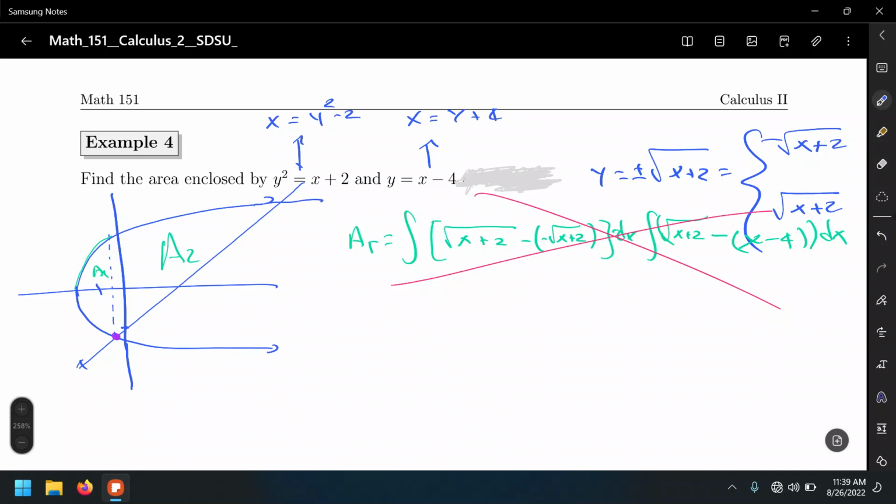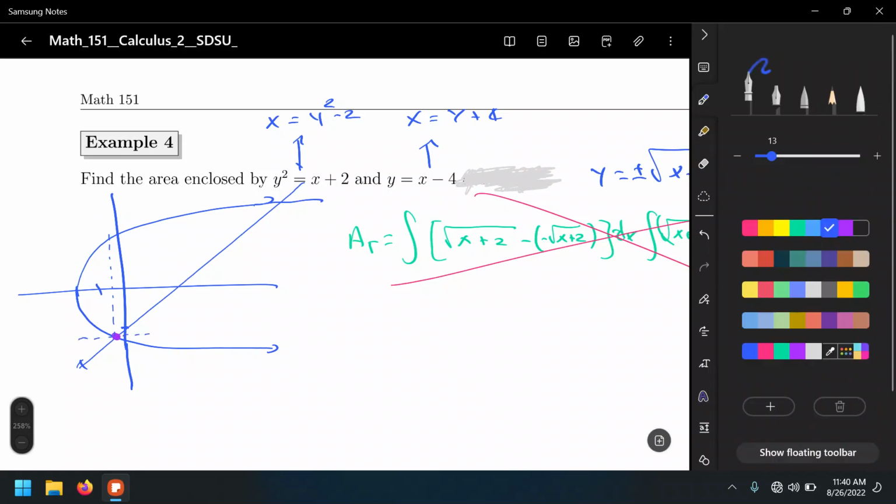Functions of y this time, and instead of setting up two different areas, we are going to go from bottom to top as far as the limits of integration, but for the region of integration, it's no longer top minus bottom, but rather rightmost minus leftmost.